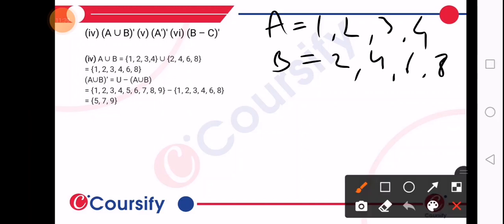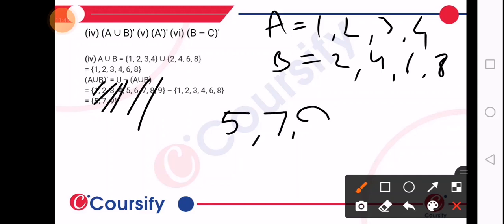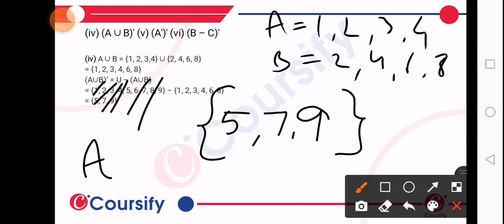So if we reduce them all, we are left with 5 7 9, and this is the answer for A union B, the whole complement.